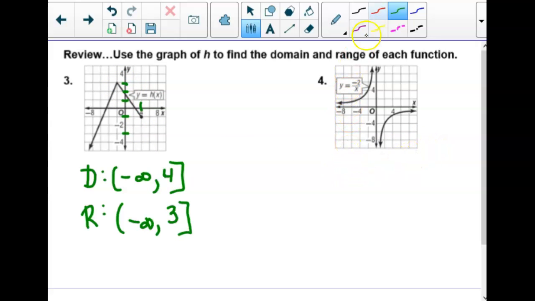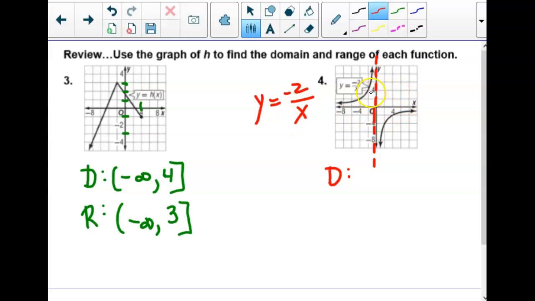What about number 4? Number 4 is tricky. Domain is x values. What is the only x value that you can't put in? 0. There's an asymptote here, and they happen to give us the function. The only thing we can't do is divide by 0.